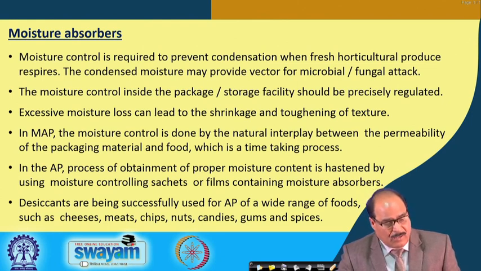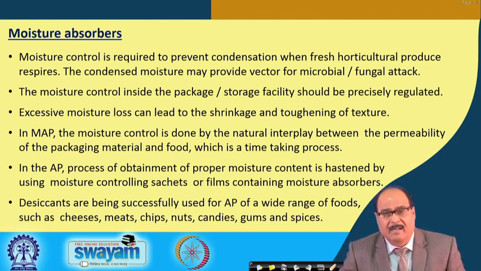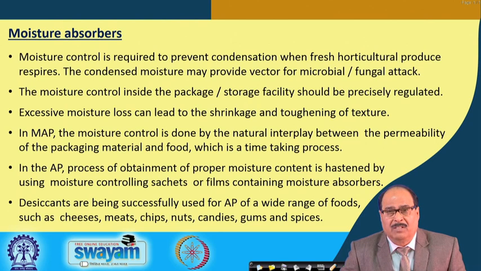So, the moisture control inside the package or storage facility should be precisely regulated, but at the same time care should be taken that the material does not lose excessive moisture. Excessive moisture loss can lead to shrinkage and toughening of the texture of the material.